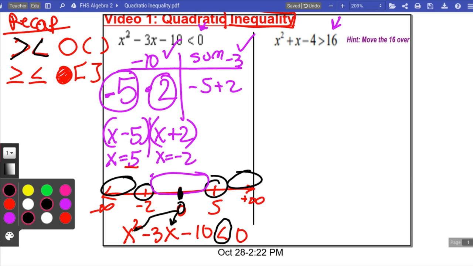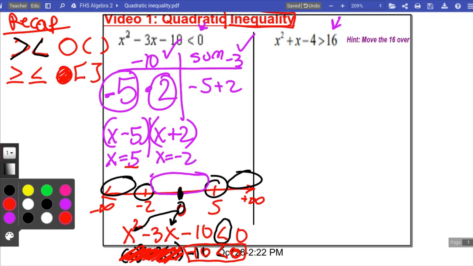If you plug in 0, 0 squared is 0, and 3 times 0 is 0, so you can erase this part. Gone. Now look at this last part. Is -10 less than 0?